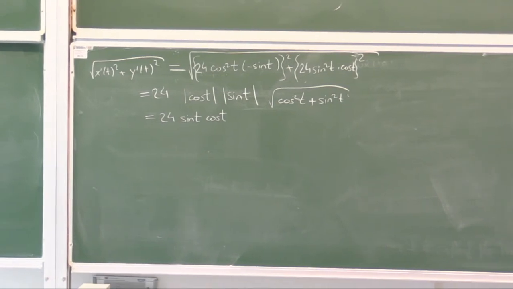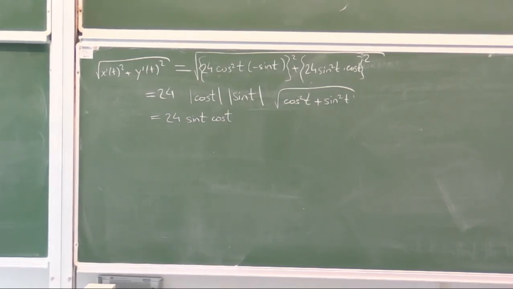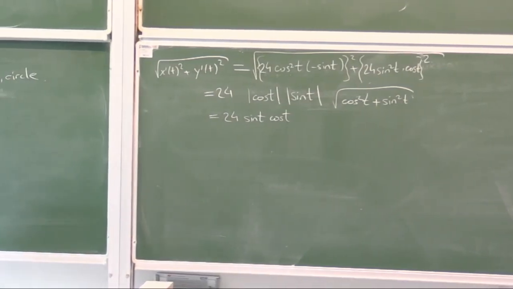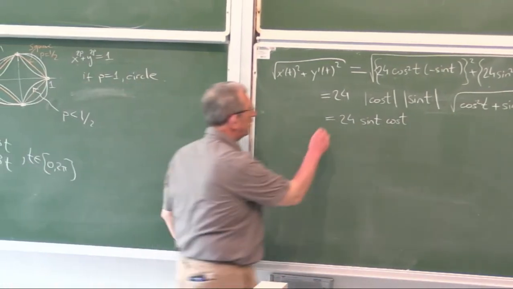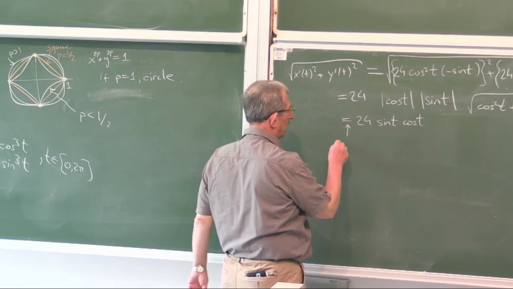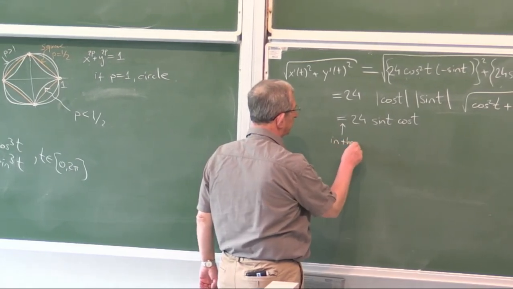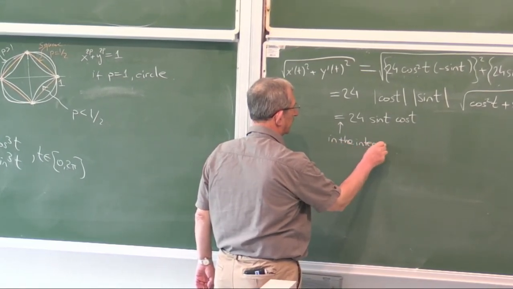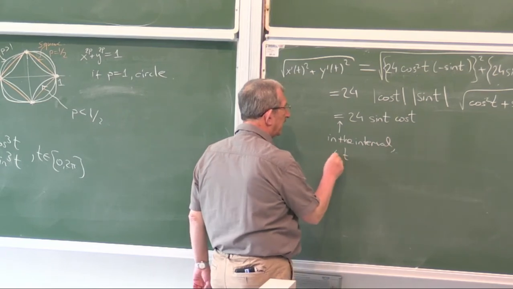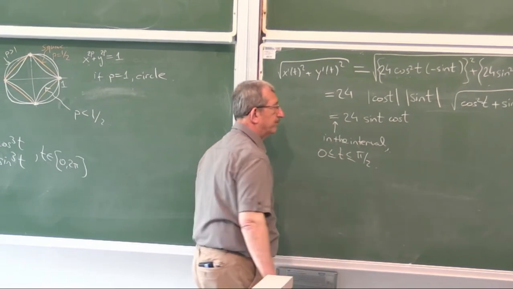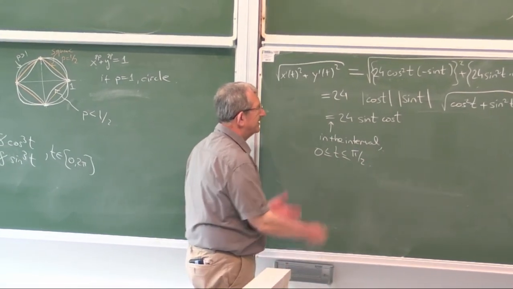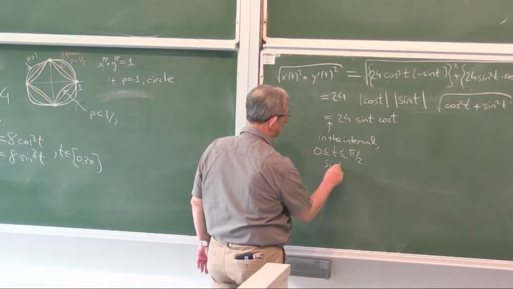Well, why did I take the absolute value out? Because in the interval given, these are positive. In the interval given, the angle is between 0 and pi over 2, which means that sine t, cosine t are positive.